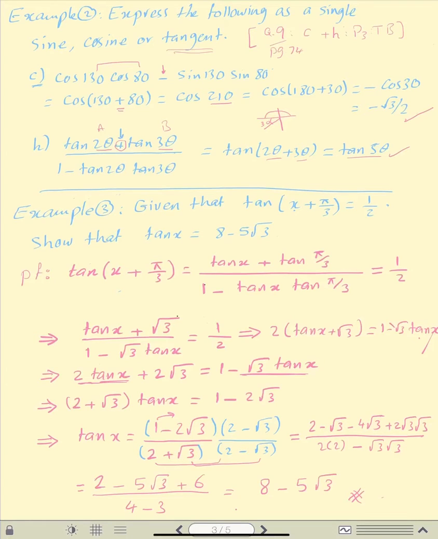We just use the new formula for today for tan of the sum of two angles. So this is the first one. This is the second one. So tan the first plus tan the second, which is pi over 3, over 1 minus tan the first, which is tan x, times tan pi over 3, is equal to half.